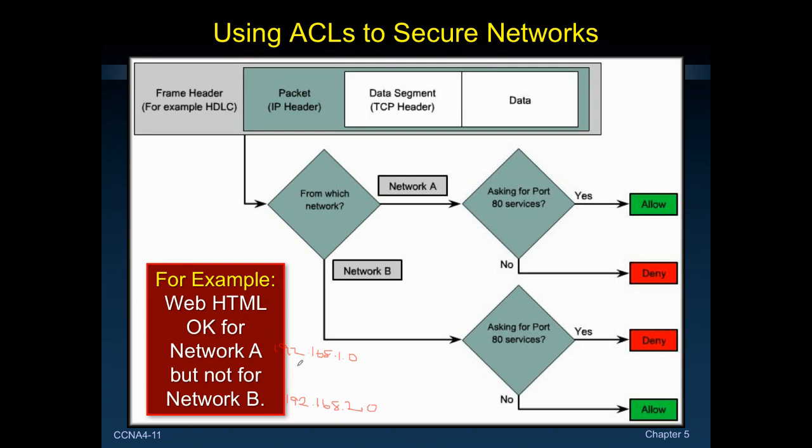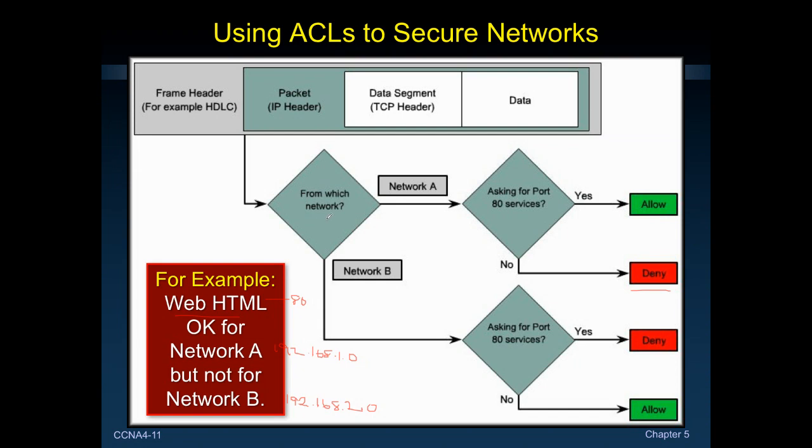If the packet is from 192.168.1.0, so from network A, and it asks for port 80, which is the port for HTML web, it will allow it. But if the service asked for is besides the HTML web, they will deny it.